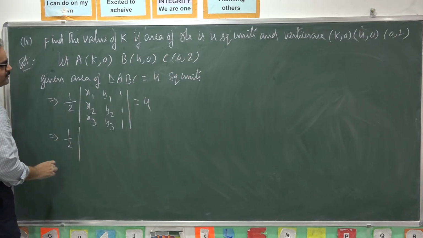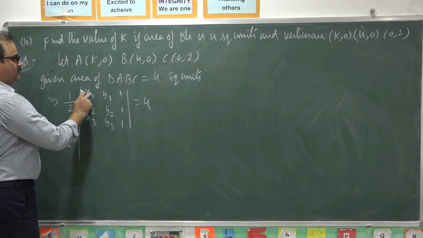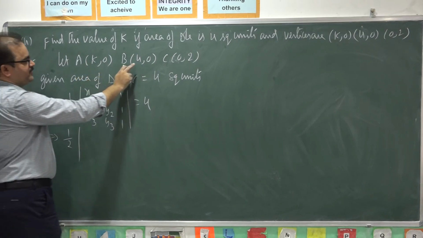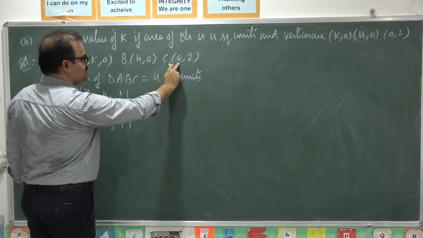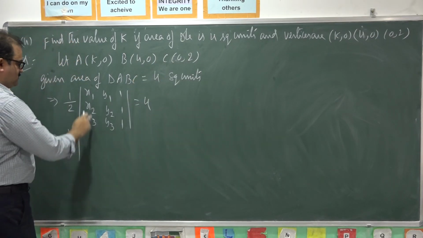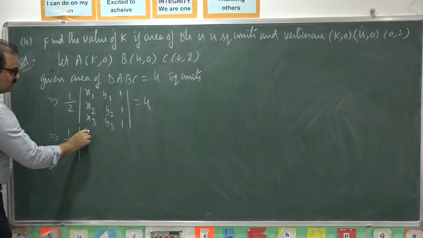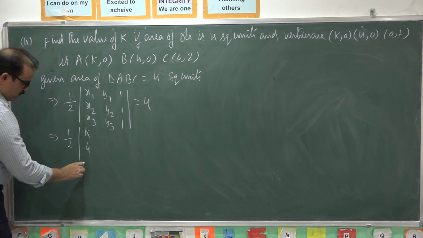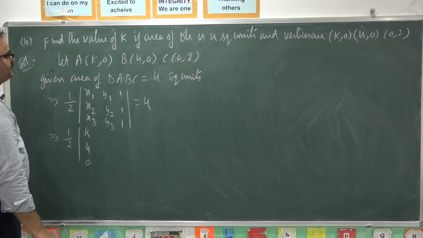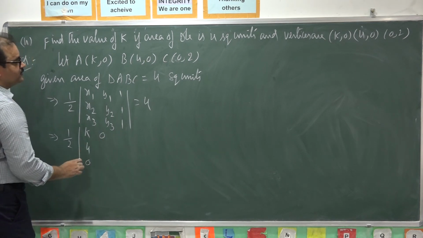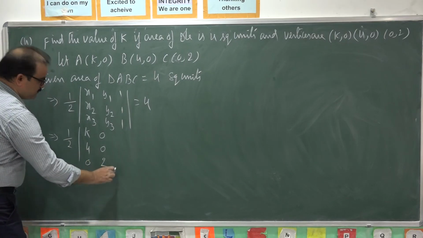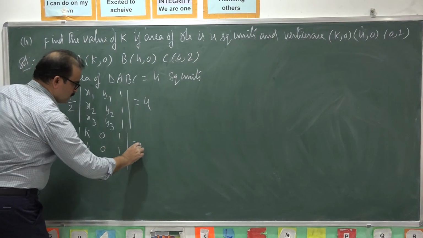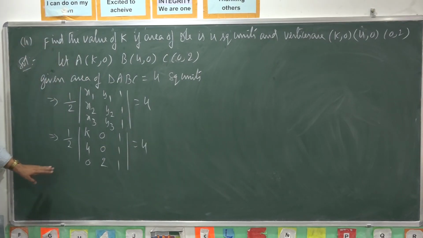1 by 2 into, take the vertices as x1, y1, B x2, y2 and C x3, y3. Substitute the values here. The first column is k, 4, 0, second column 0, 0, 2, third column 1, 1, 1. This is equal to 4.